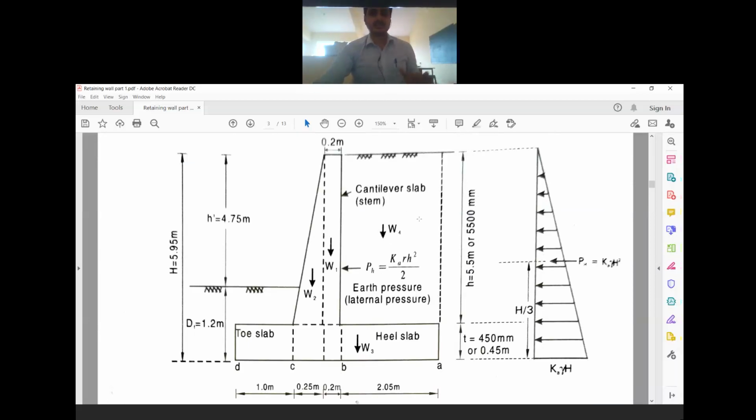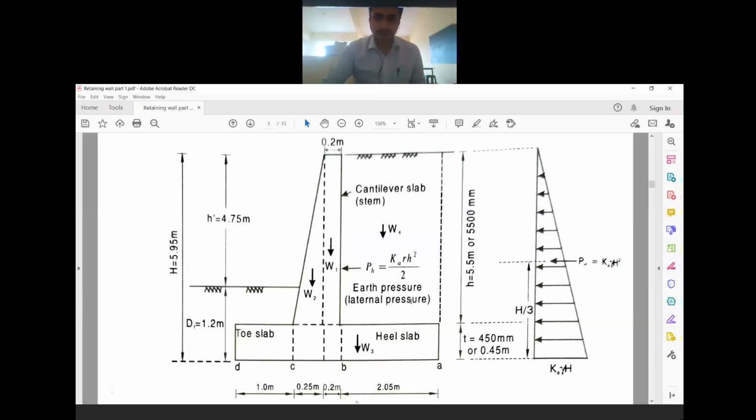And assume this is a compound wall. So a compound wall will be longer. How much length it has will depend on the size of the property. So we don't know what is the overall length of the retaining wall. So we shall just assume 1 meter length. If we calculate how much reinforcement to provide for 1 meter, the same will be applicable throughout the length.